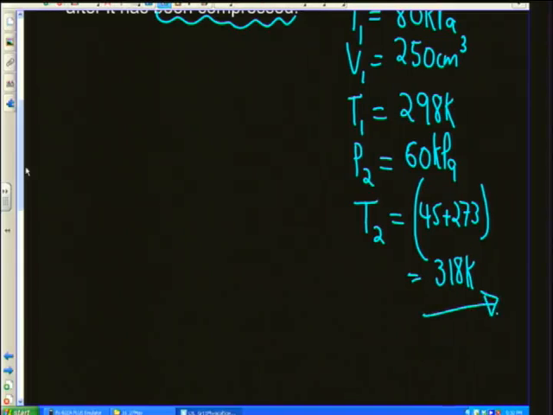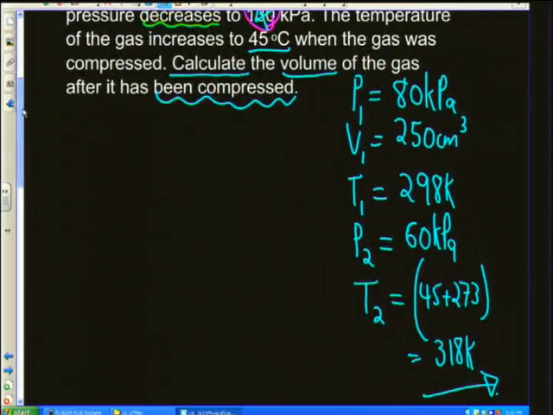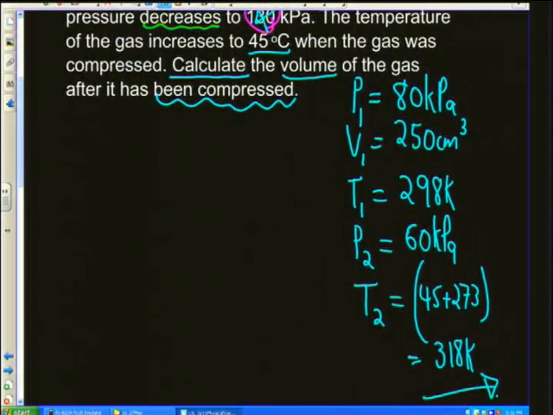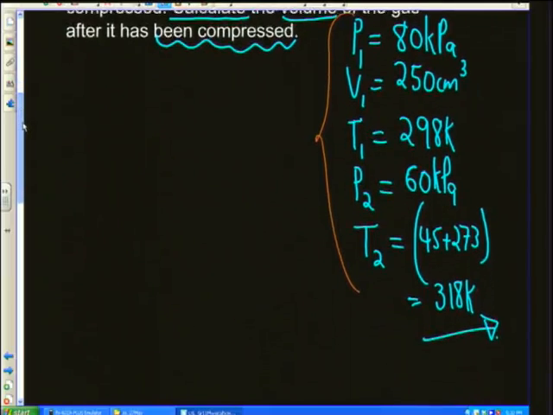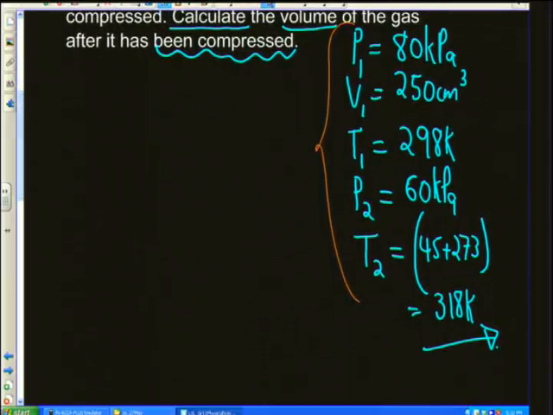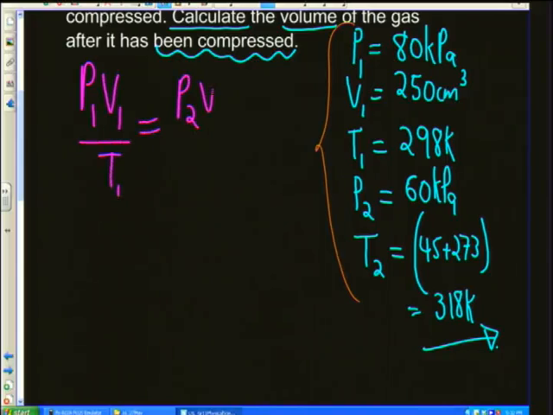From there, we can work out our problem. If you look at what you have here, you can think of what law you are going to use. P1 V1 over T1 is the combined gas equation, which should be equal to P2 V2 over T2.